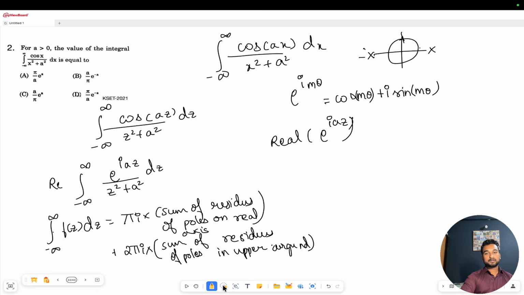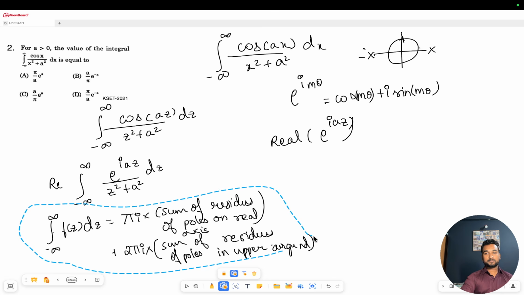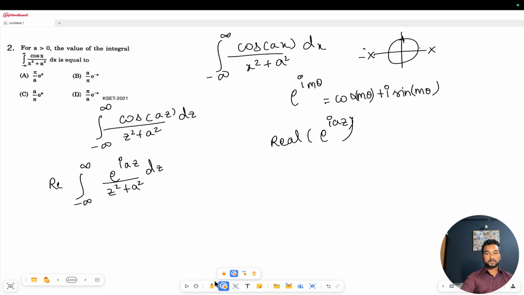Next, you have to convert the integral into this type. Now calculate the poles. Z square plus a square equals 0.